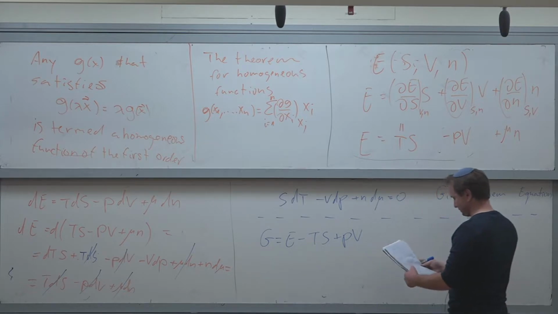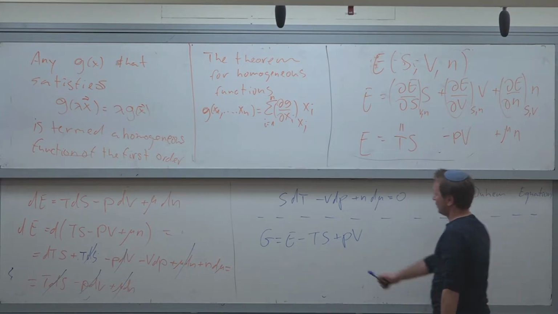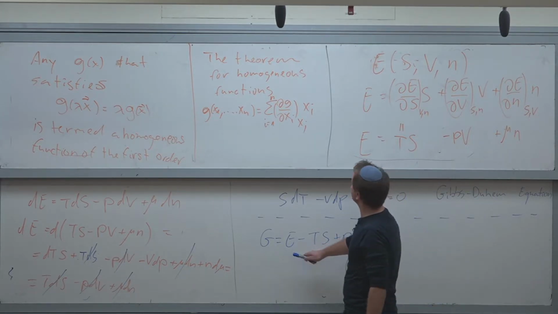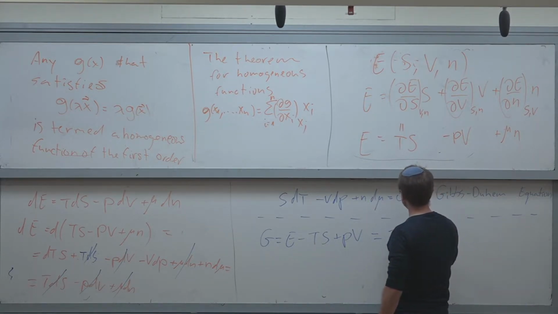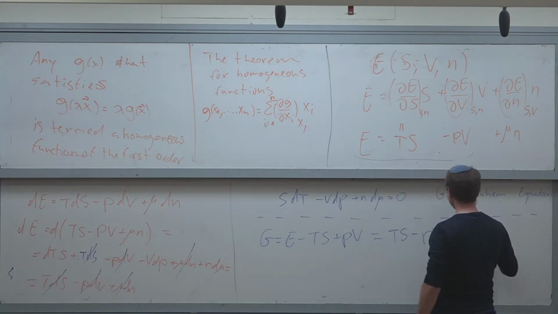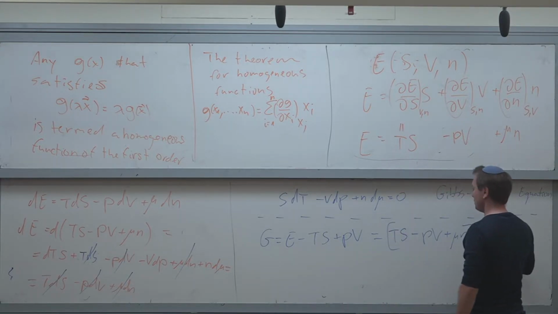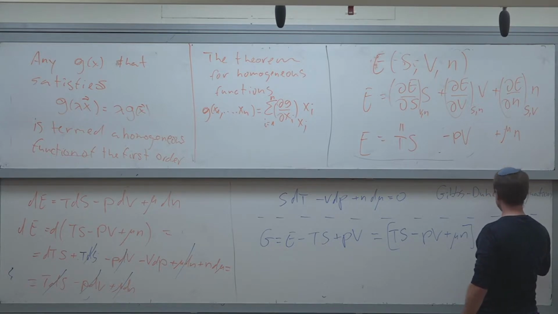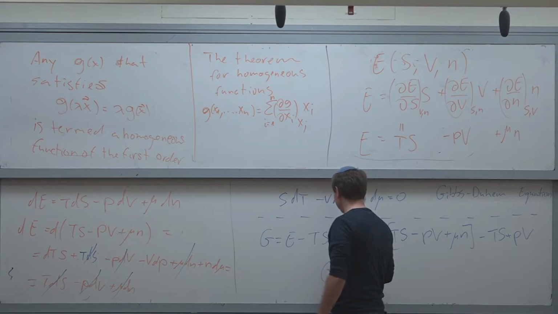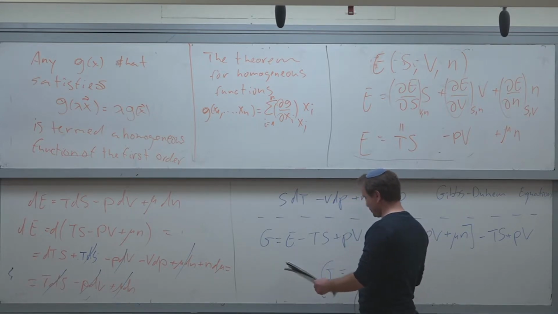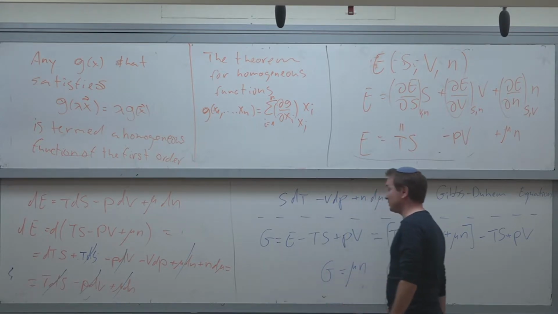Substituting for E, which is TS minus PV plus mu N, minus TS plus PV, we obtain that G equals mu multiplied by N.